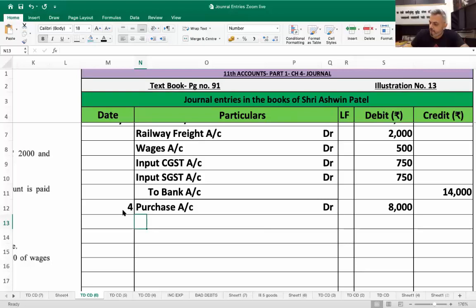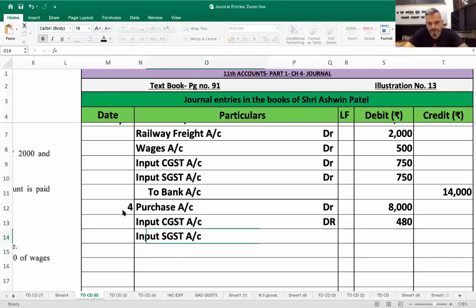Now, on this 8,000 you have to calculate 6%. So input CGST account debit 480 and input SGST account debit 480. To what? To Amul Bhai account.